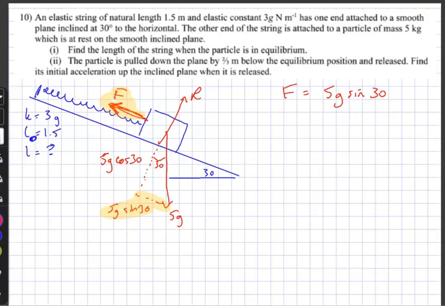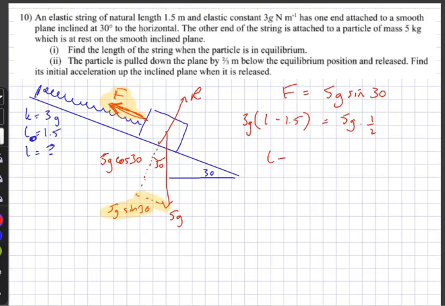So using k brackets L minus L naught, we're going to end up with 3g multiplied by L minus 1.5. And that's going to equal 5g multiplied by the sine of 30. Now sine of 30 is a half. And g can be cancelled both sides.